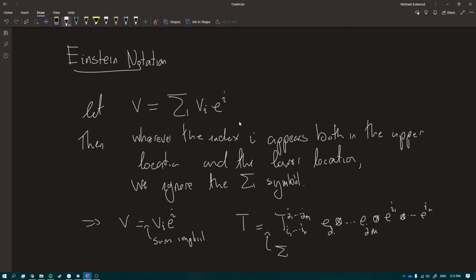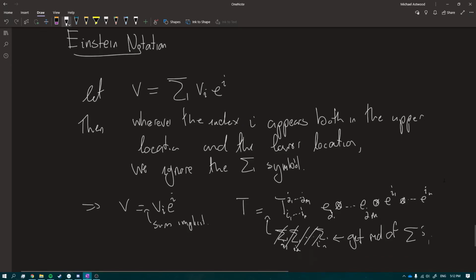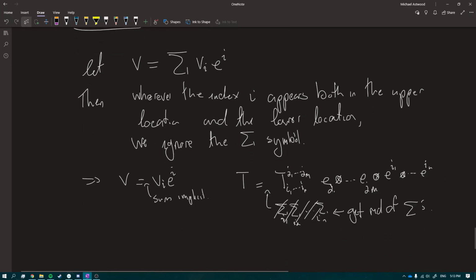We've gotten rid of the sum over i1, the sum over in, and so on. We really didn't want to write out all these sum symbols, so we get rid of sigmas. This basically just shortens our expressions. We don't have to write all these big sum symbols every time. We can just see that there are j's up here and j's down here and just sum over them. So this makes life easier, and we'll see this next time.